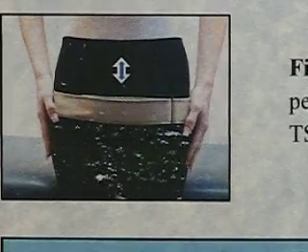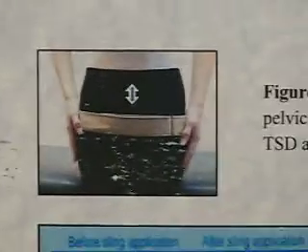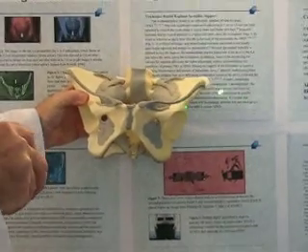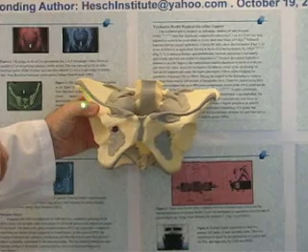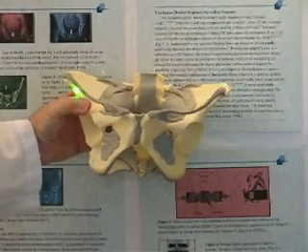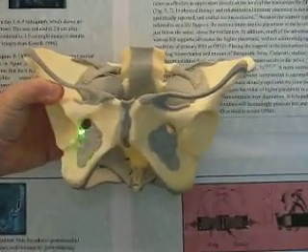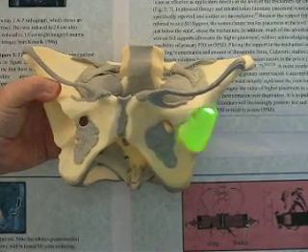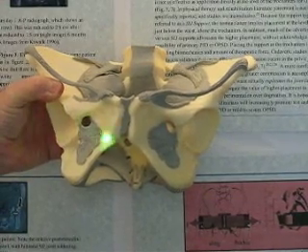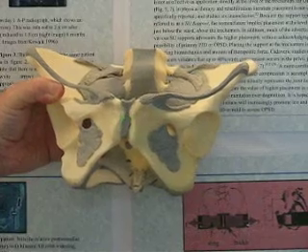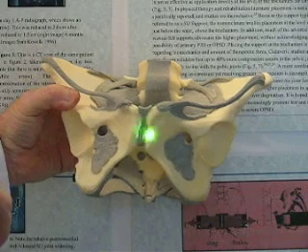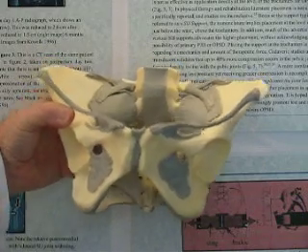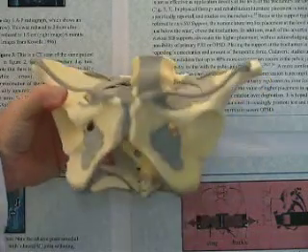So looking at the anatomical model here, what the research suggests is for this kind of an injury, it would be wrong to apply the belt up here, where it typically is applied for sacroiliac joint dysfunction. Instead, it should be applied down low where the forces are across the true hip joints and also across the pubic joint, because again, it is the pubic joint that has the primary instability, not the sacroiliac joint.